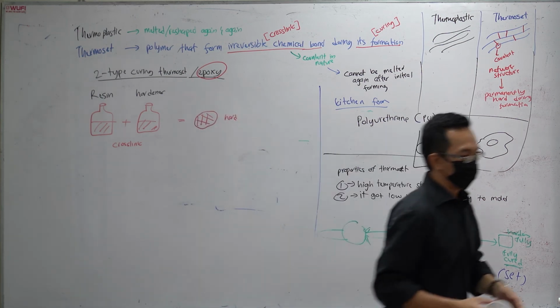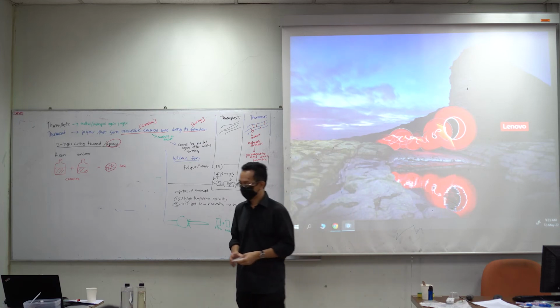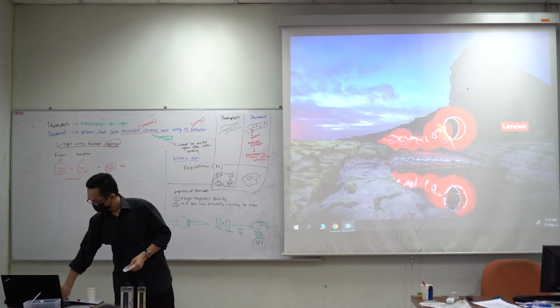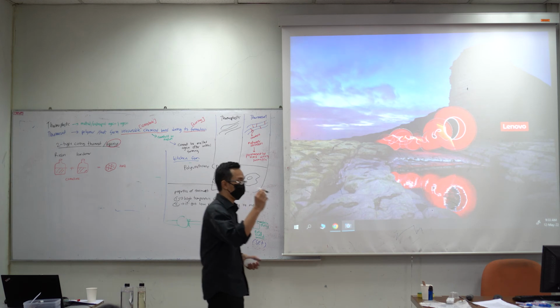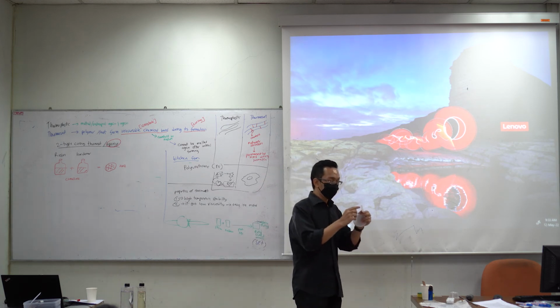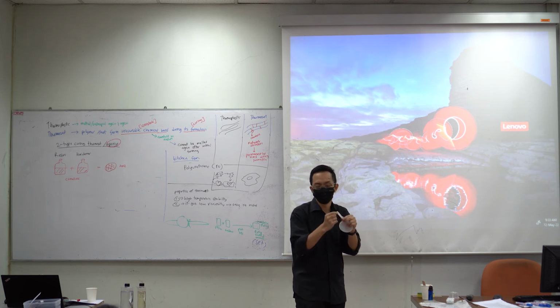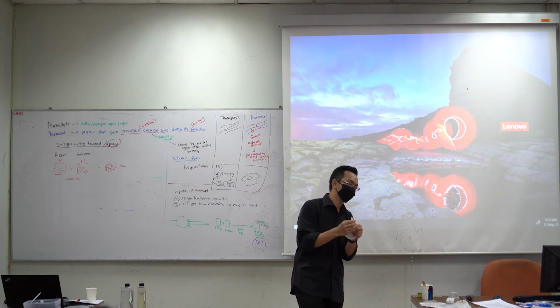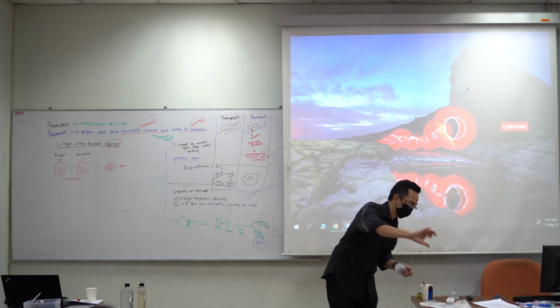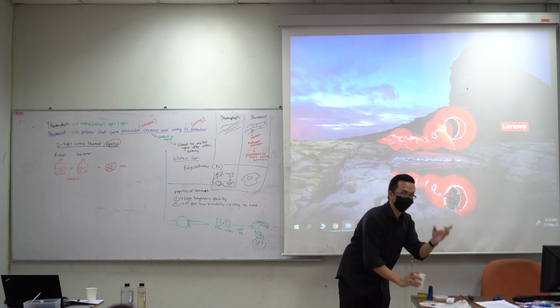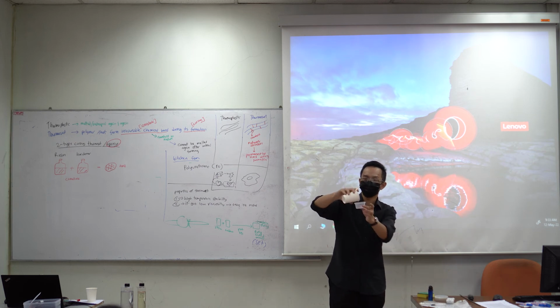It's like this glue stick. Imagine this is a thermoplastic pellet. If you try to heat it, you can see the melted plastic is very viscous, so it's very difficult to mold into this shape. If you have Thermoset, it's easy, you just pour like this.